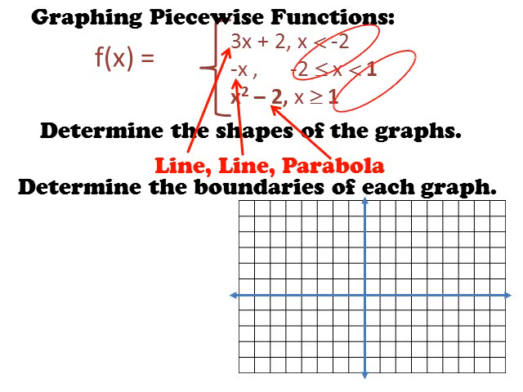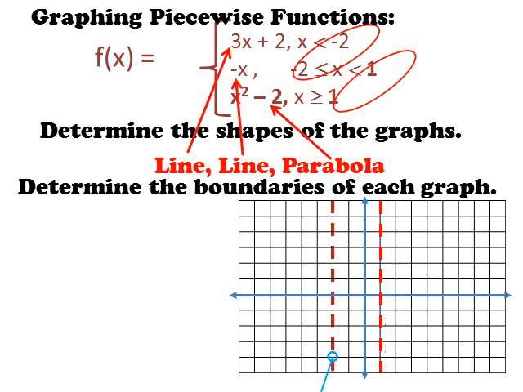This is the first straight line, 3x plus 2, but I need it in the interval x less than negative 2, so I remove all the parts after negative 2, like this.